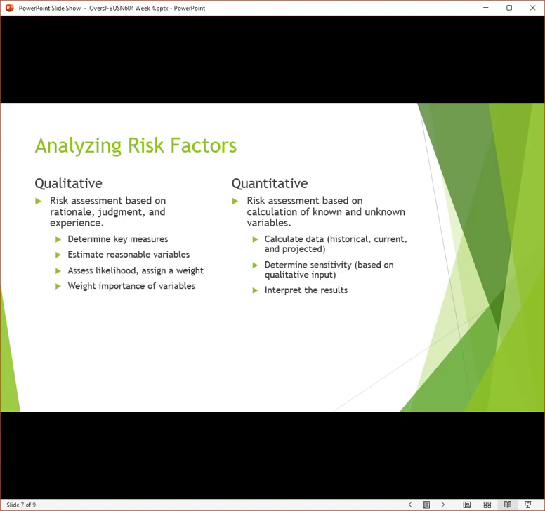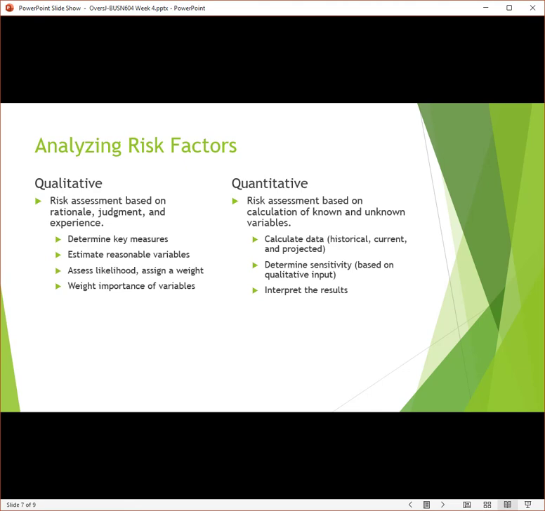The qualitative are based on our judgment and experience, quantitative based on the actual calculations. Qualitatively, we're going to determine what our measures of effectiveness are, and assign numerical values to how likely we think these things are to happen and the importance if they did. And all of those feed our quantitative risk factors that are then calculated against the different variables.